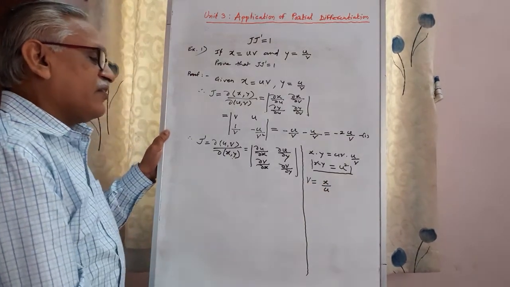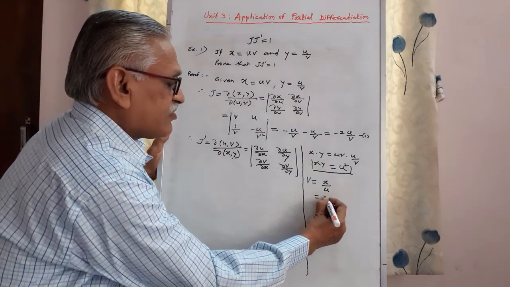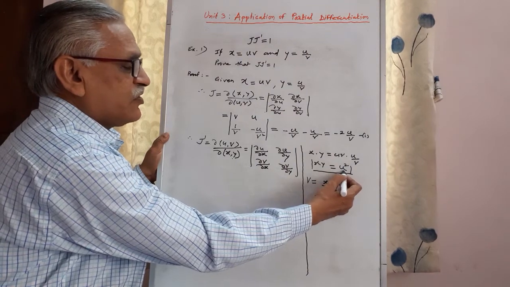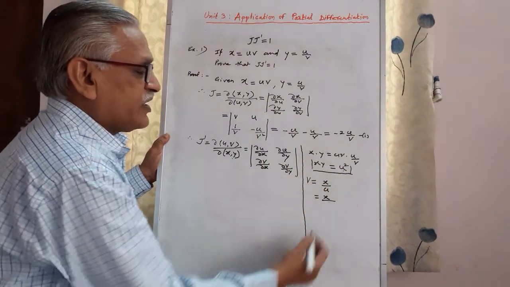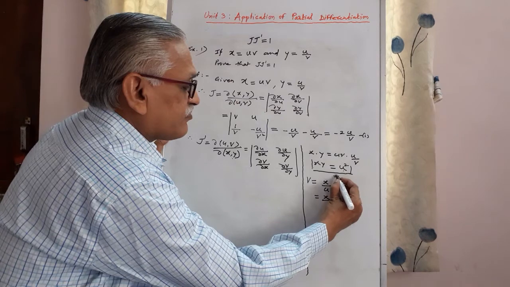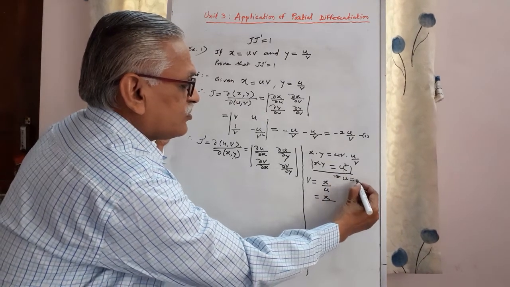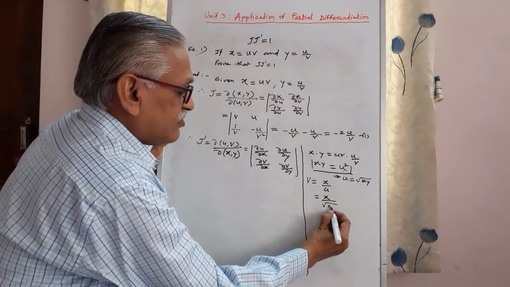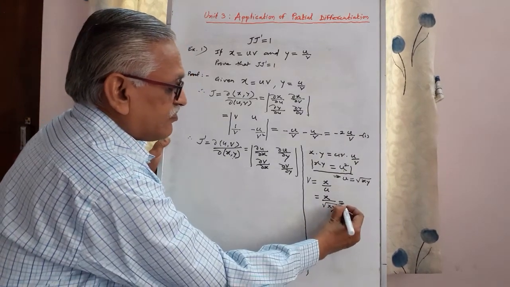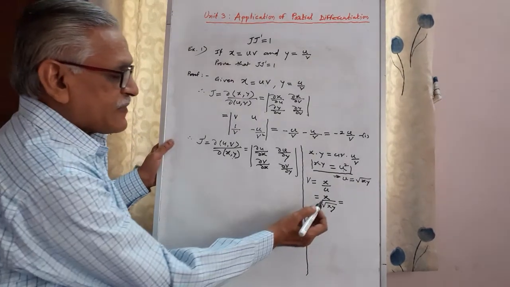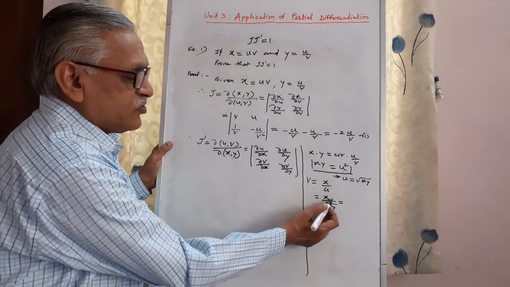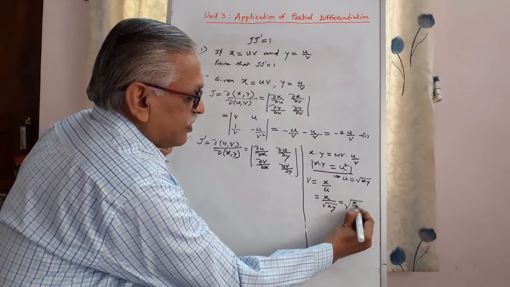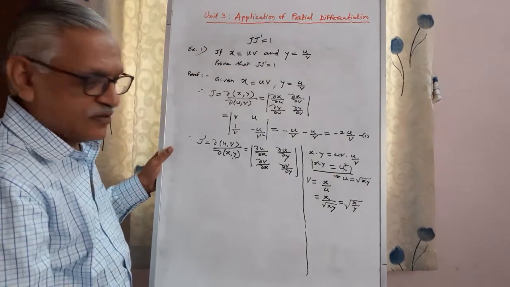What is the value of u? If we take the square root of this on both sides, we get u = √(xy). Then v = x/√(xy), and if you simplify it, √x into √x, one √x gets cancelled, it is equal to √(x/y).